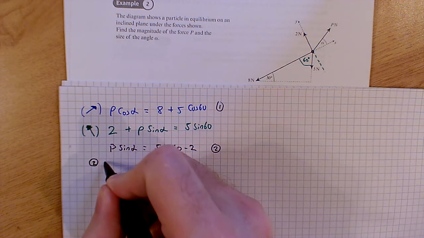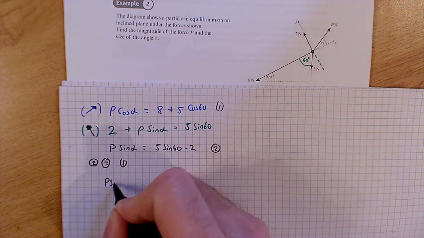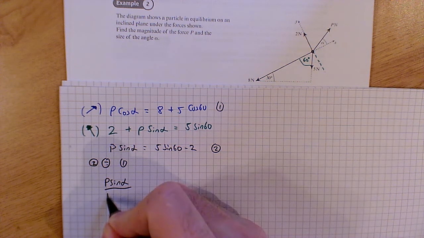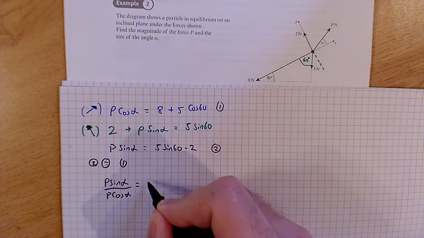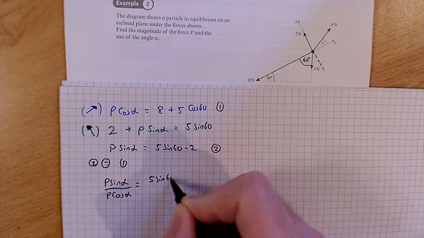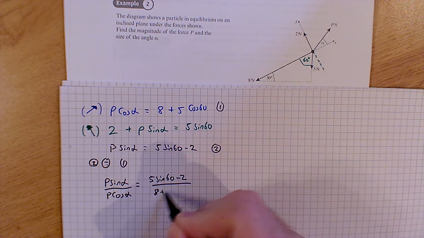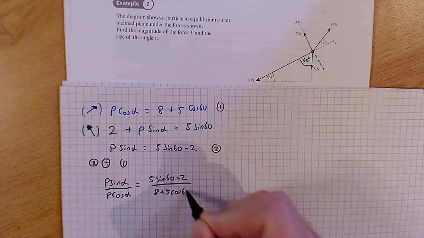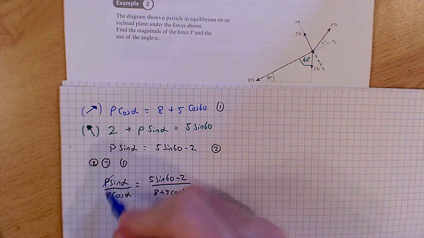So if we do 2 divided by 1, we will get P sine alpha over P cos alpha on the left, and then that's equal to 5 sine 60 minus 2, which I'm fully aware I could work out, but I'm just going to leave it for now, over 8 plus 5 cos 60. And here's where the magic happens, right? The 2 P's are going to cancel.